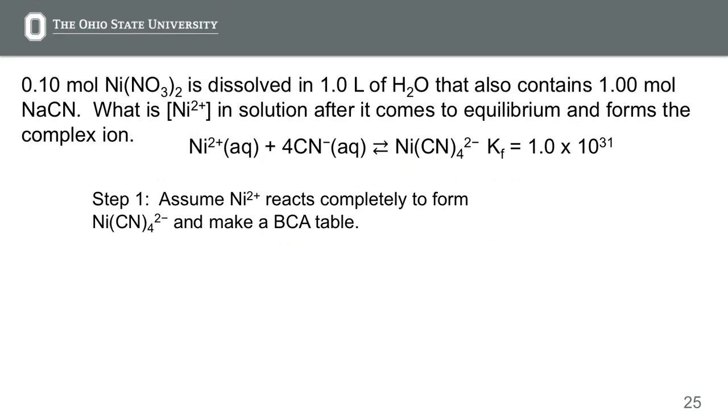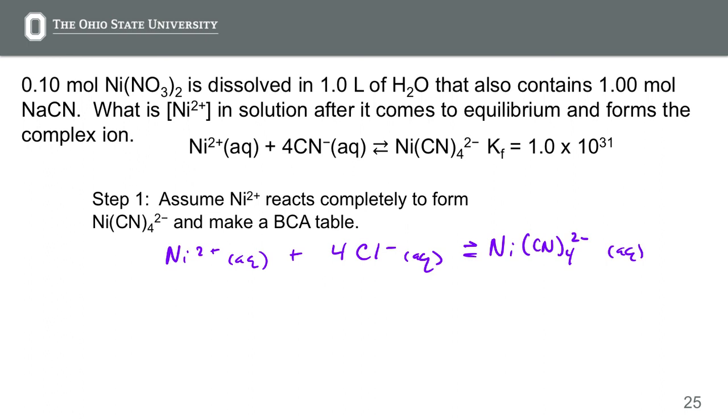So, step 1. The first thing we do is assume that the nickel ion reacts completely to form the complex ion. And so we're going to take our equilibrium, nickel 2 plus, plus 4 CN minus, in equilibrium with the complex ion, Ni(CN)4 2 minus, yes, that still has a charge.